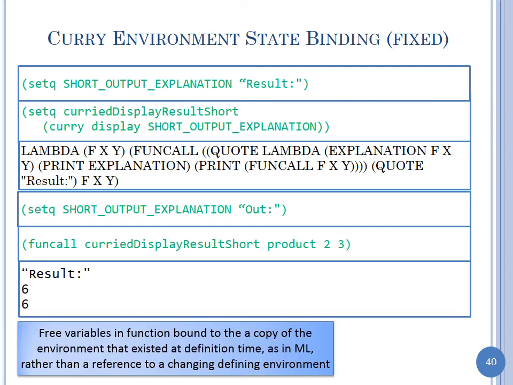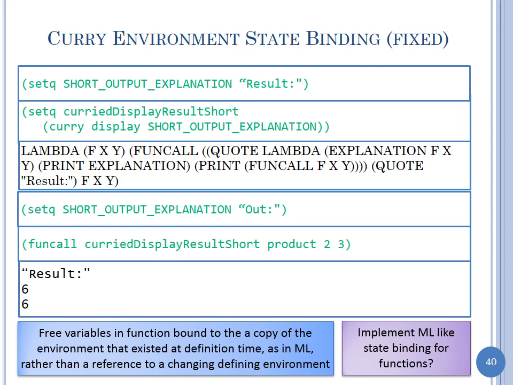This is more like what happens in ML. In ML, the environment is frozen, and lots of you were confused by this semantics in Lisp, because you expected the values to hold when the function was defined. So, what about implementing ML-like state binding for functions?